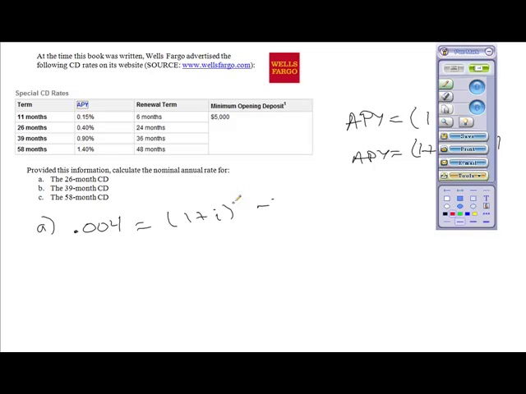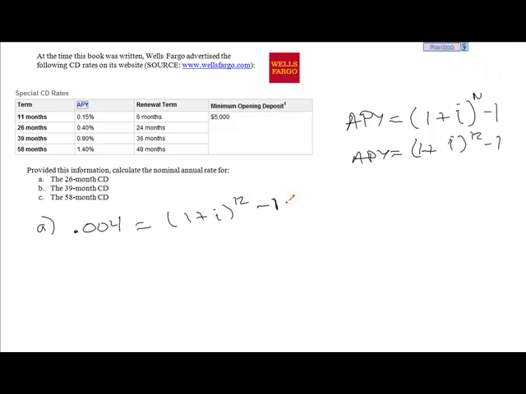So we will be able to recover the periodic interest rate, but then we're going to need to get it back to the nominal annual. Okay, well, how do we solve this thing? Well, we add 1 to both sides, so we get 1.004 equals (1 plus i) to the 12th power. Well, I need to get the 12th power out of there, so I'll raise both sides to the 1/12th power, and that's the same thing as taking the 12th root.